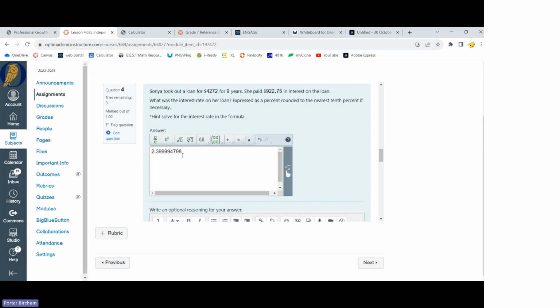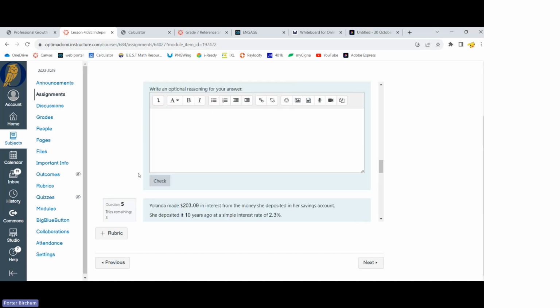Okay, so here's my percent, but it says round to the nearest tenth. When I round to the nearest tenth, I look at the hundredth. Is 9 closer to 10 or closer to 0? It's closer to 10, so I'm going to round up, making this 2.4. Don't forget the percent sign. Percent.